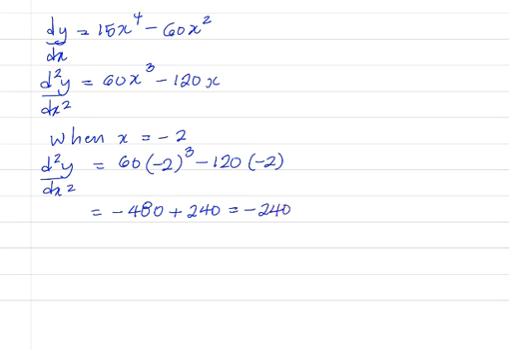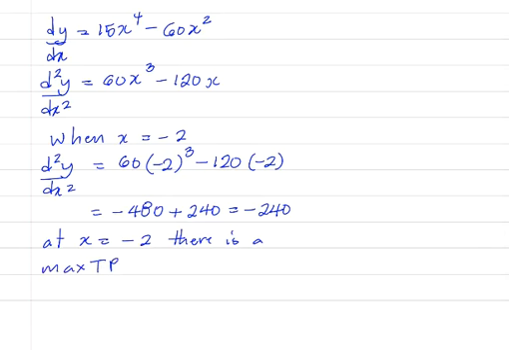So here d2y by dx squared is less than 0. So at x is equal to minus 2, there is a maximum turning point.